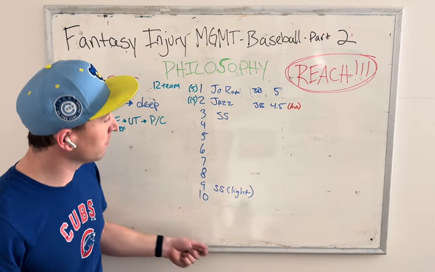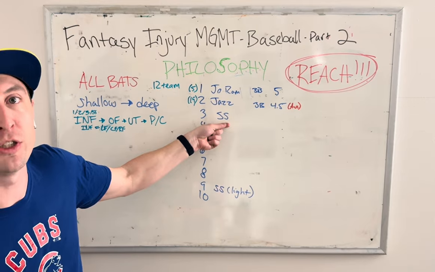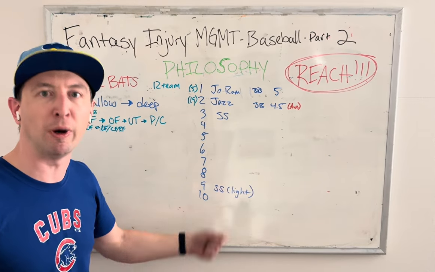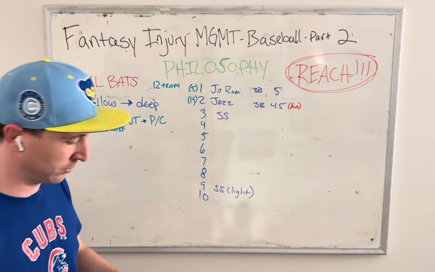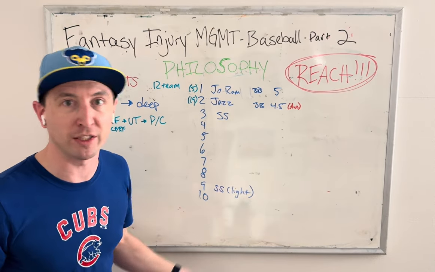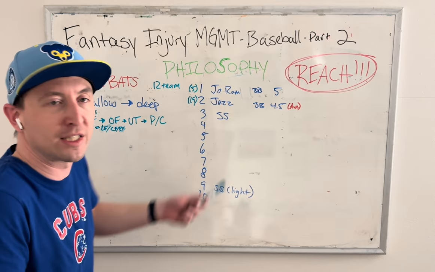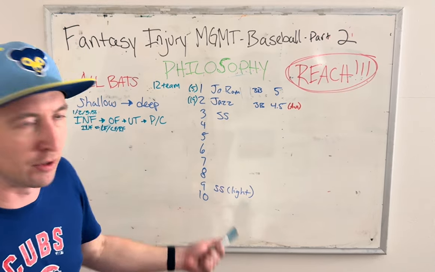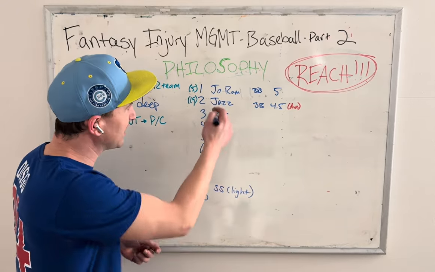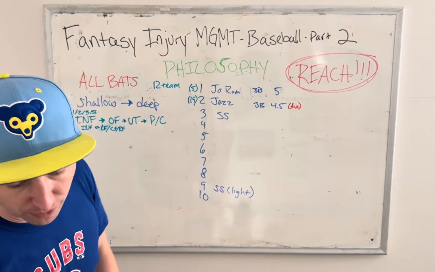So if they get hurt, you're getting similar production. You can replace it with similar production and keep pulling into your utility spot to pull from the largest player pool, right? If they get hurt. Otherwise, your batting is going to be amazing if none of them get hurt, right? But that's not what we're prepared for, because that's not real life. So that's basically how it goes, right?